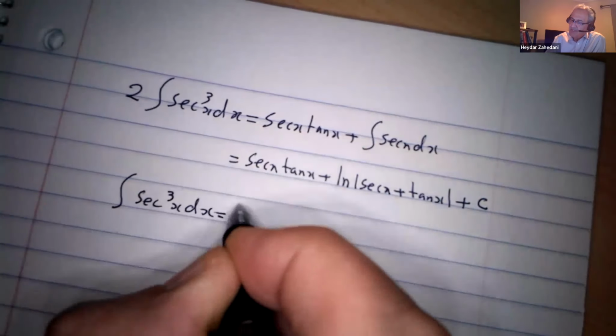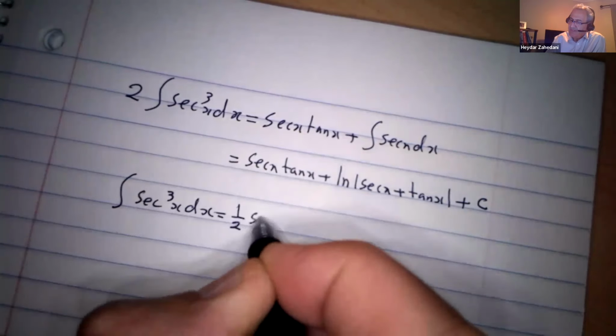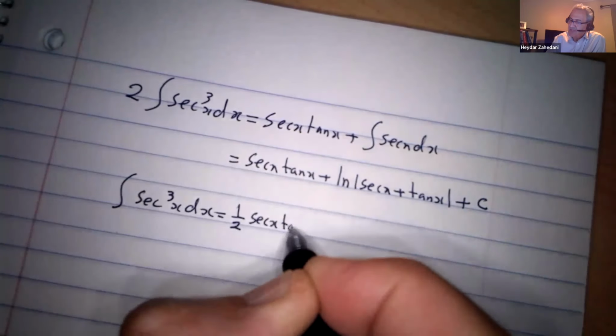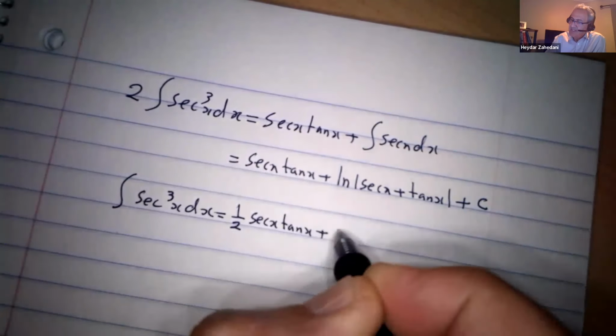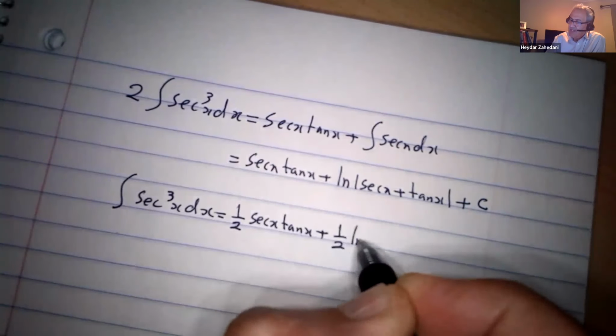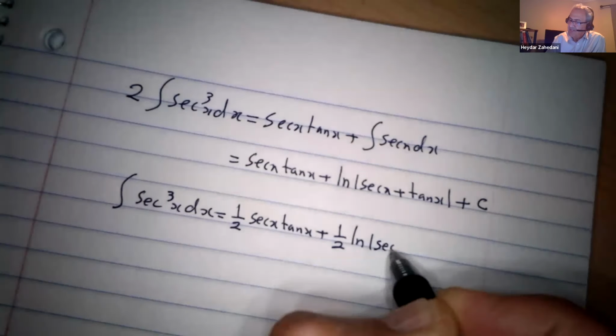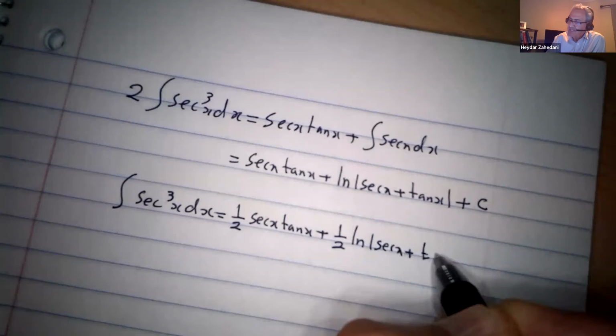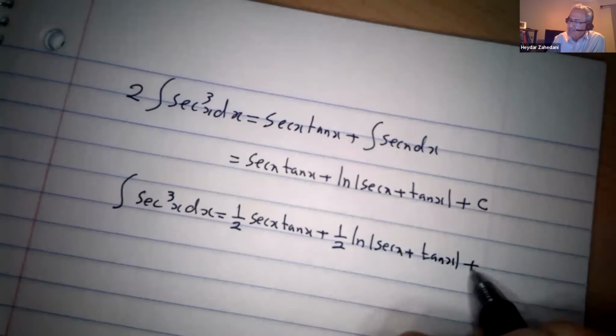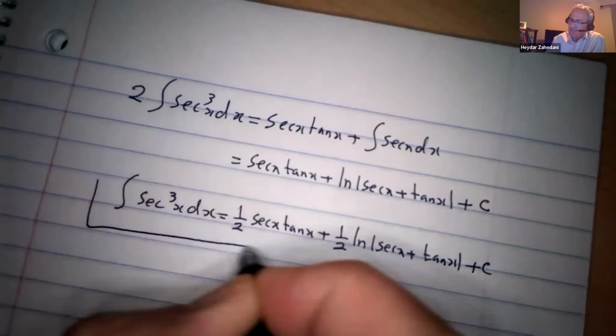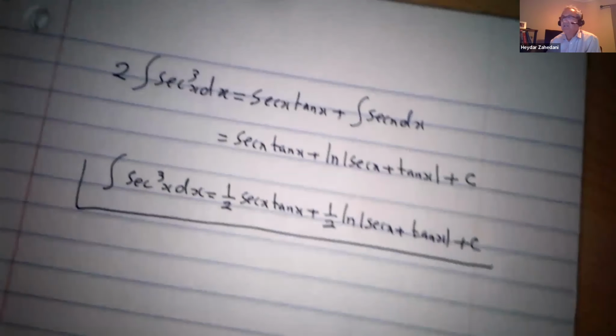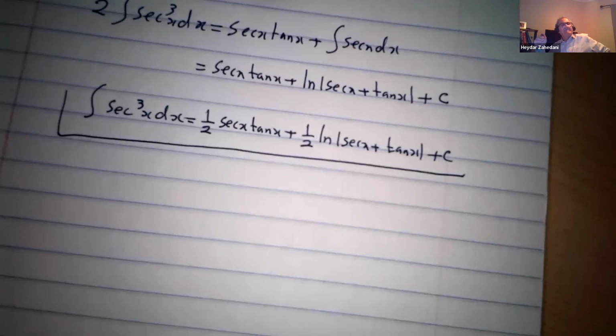So that gives 1/2 secant x tangent x plus 1/2 ln of the absolute value of secant x plus tangent x plus the constant.